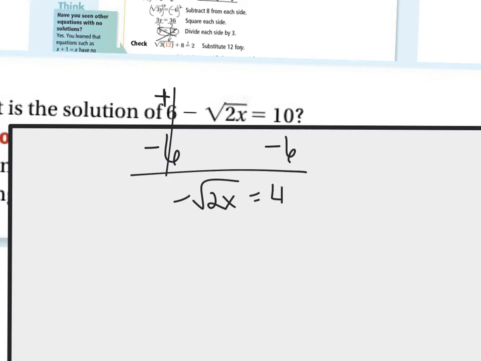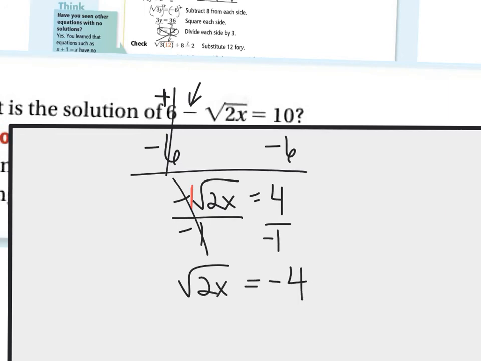When you do that, make sure you bring down this as a negative square root of 2x. And then we technically don't have our radical quite isolated all the way, so we would want to divide by negative 1 on both sides.